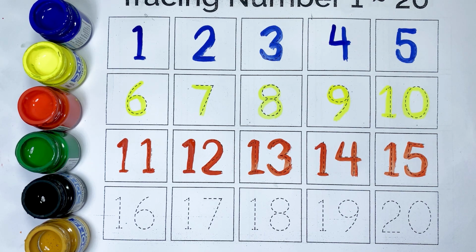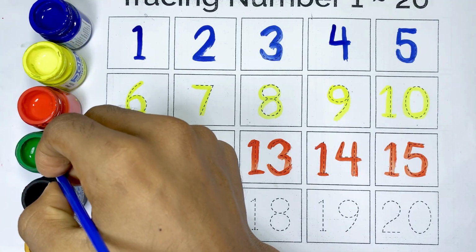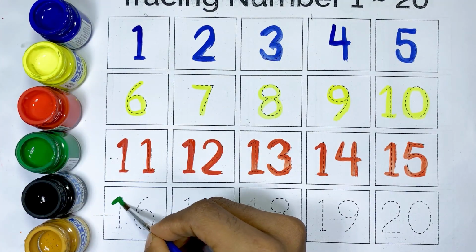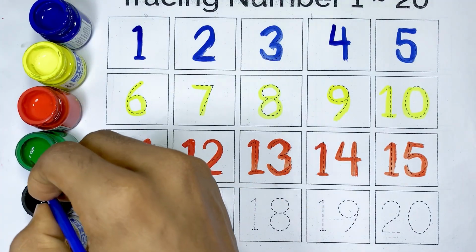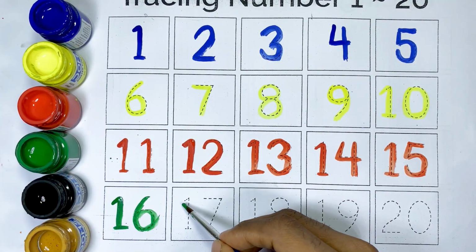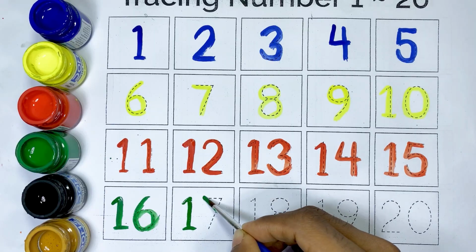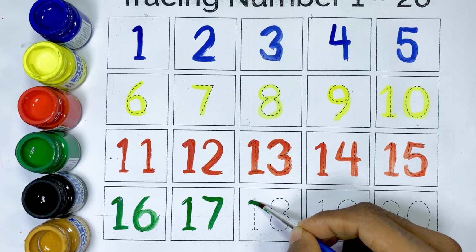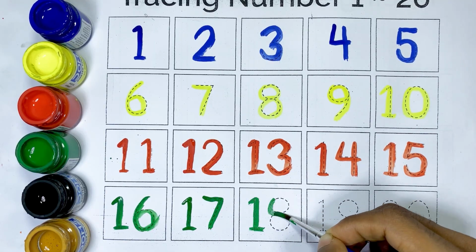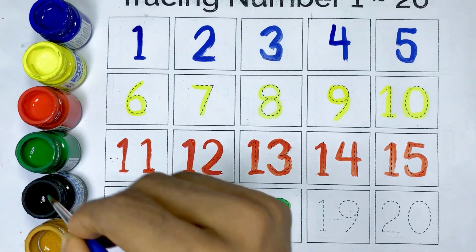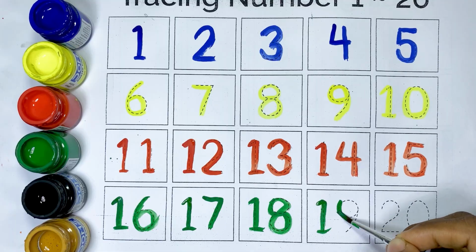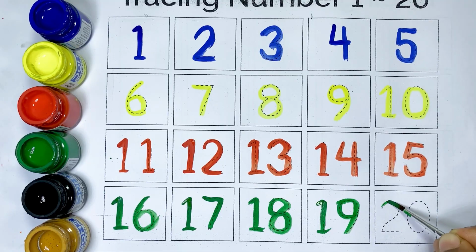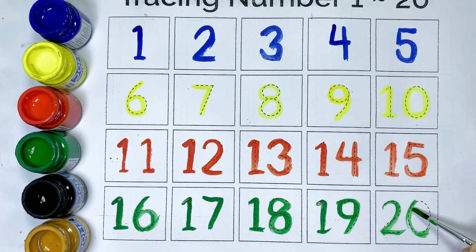The numbers of 16 and U is green color. 16, 17, 18, 19, and 20.